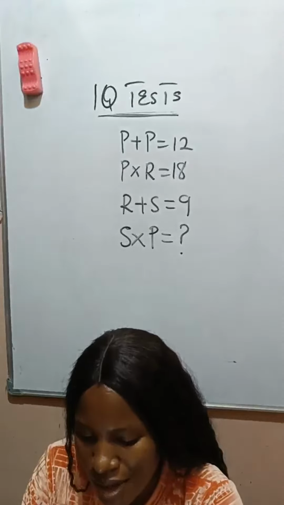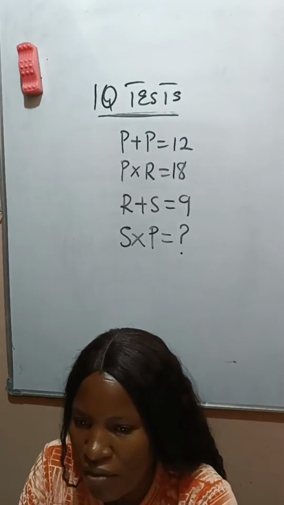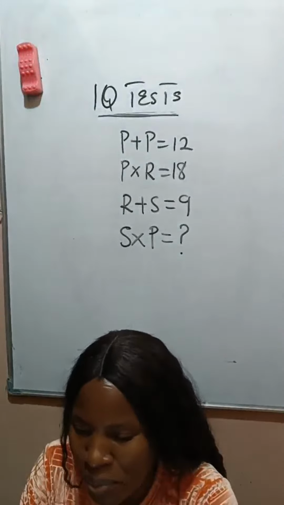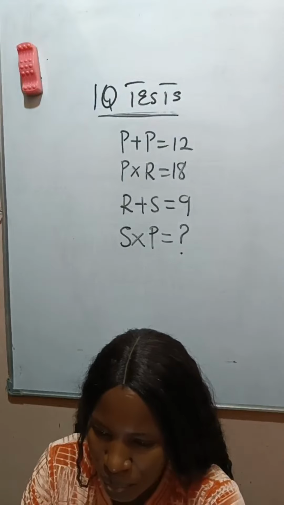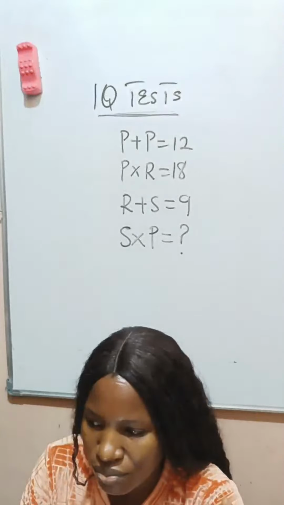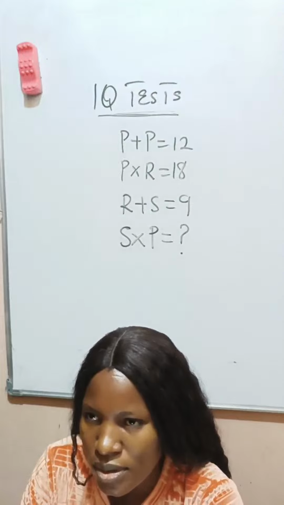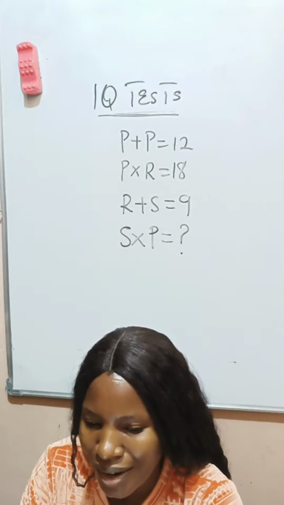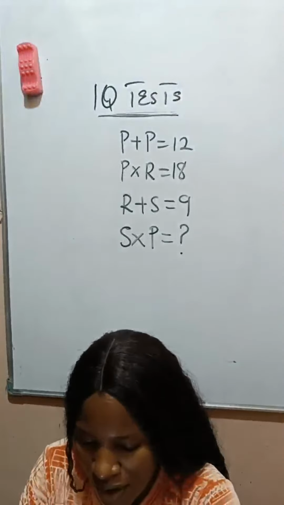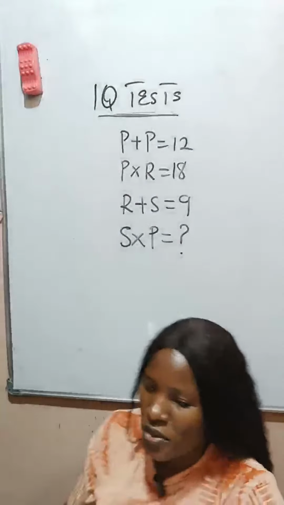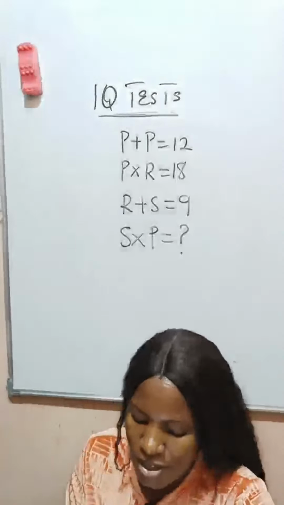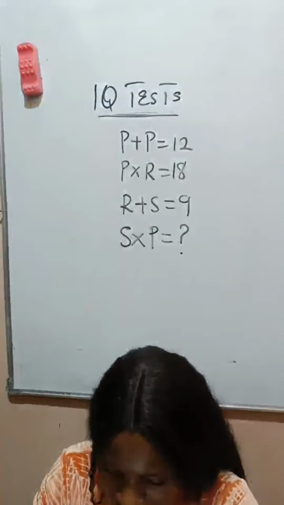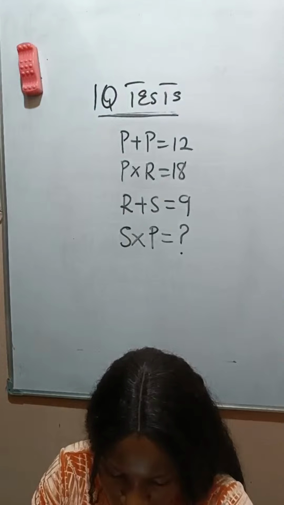That is why you will see in IQ test, someone will write 2 plus 5 equals 10. Is that possible? But that is IQ test for you. It's actually testing how you pay attention to details, how you can analyze things and derive a pattern from there. So it doesn't really focus on how true whatever statements that was made is. So let me put it that way.